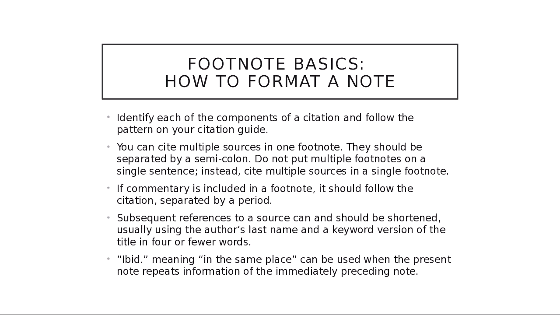You can also use this little Latin abbreviation, ibid, which means in the same place, when the note above is the same source that you're citing. So let's look at some examples of how these things work.